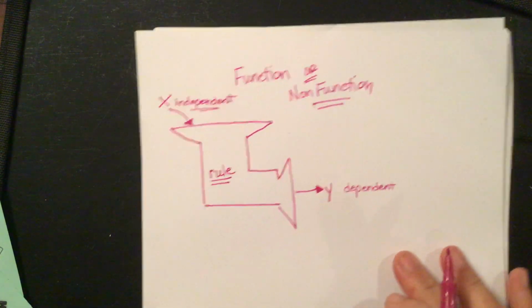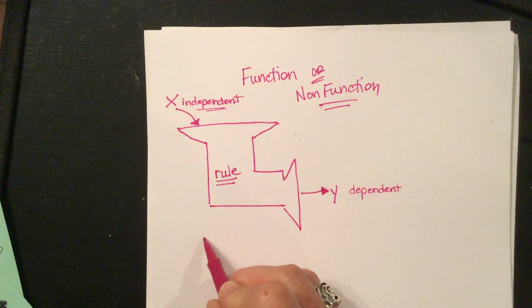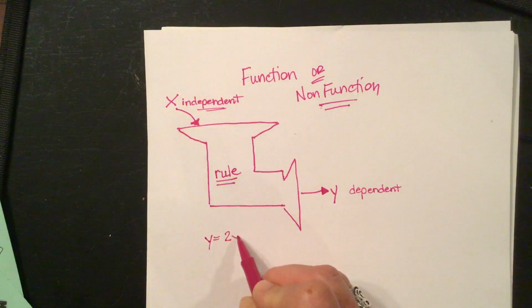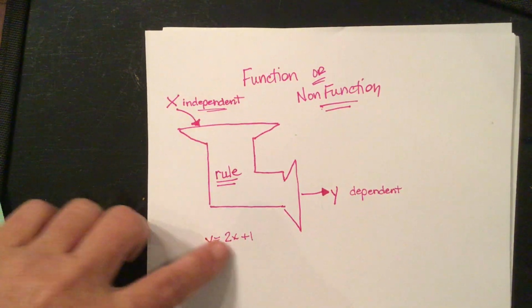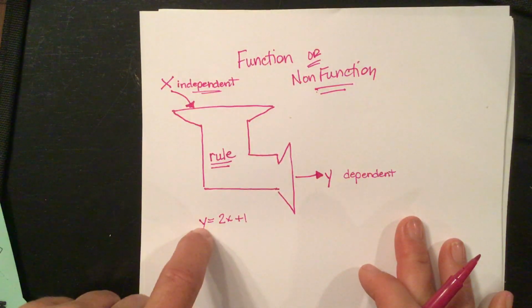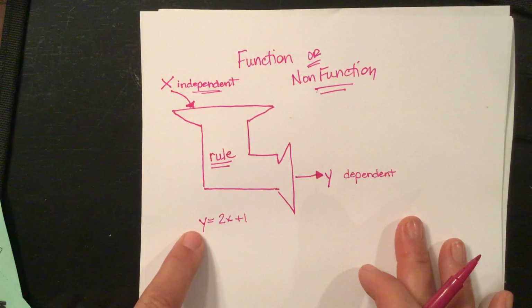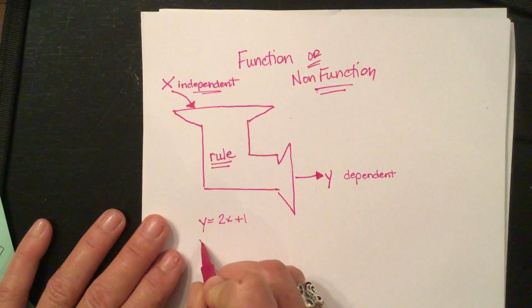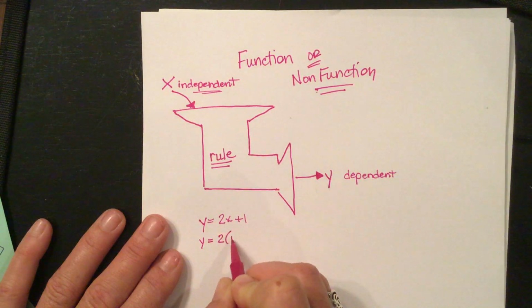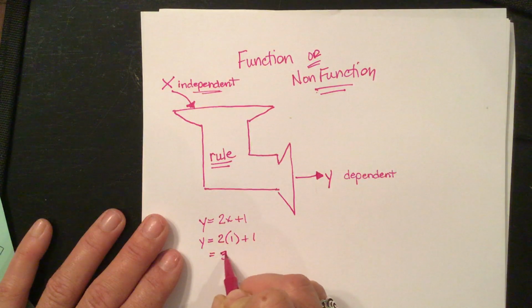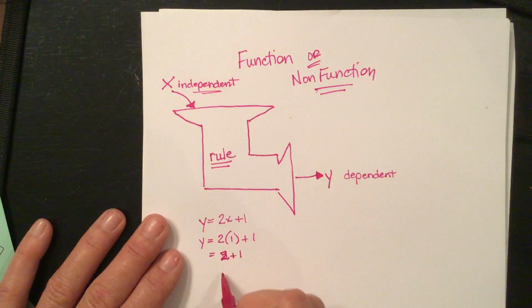Okay, so when we are talking about linear functions, we talk about a rule. For example, last year we had y equals, let's say, 2x plus 1. That means that for any value of x that I put in, I can only get one output. I can't get a different number. So for example, if I choose the number 1 for x, y equals 2 plus 1, so y equals 3.